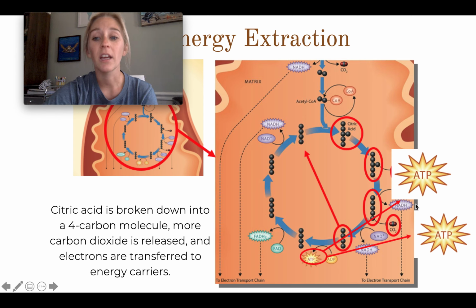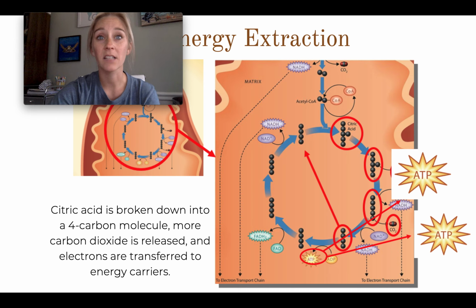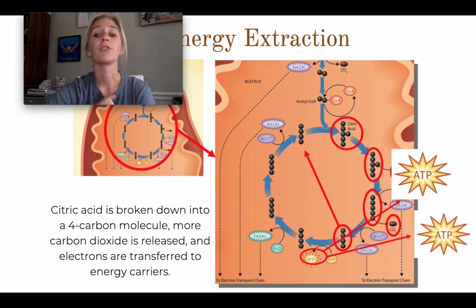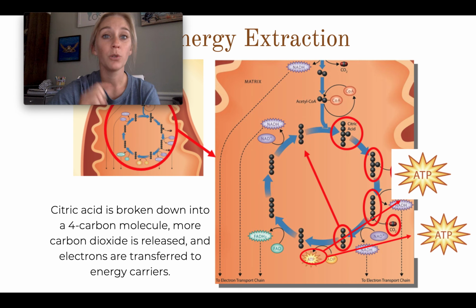made with every turn. So glycolysis produces 2 molecules of pyruvic acid for each glucose. So for 1 glucose, you get 2 pyruvic acid. 2 turns of the Krebs cycle happen from 1 glucose, and for every 2 turns from that 1 glucose, you get 2 ATP molecules being made.